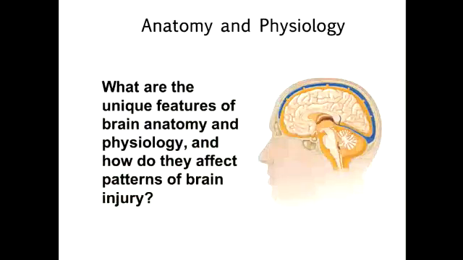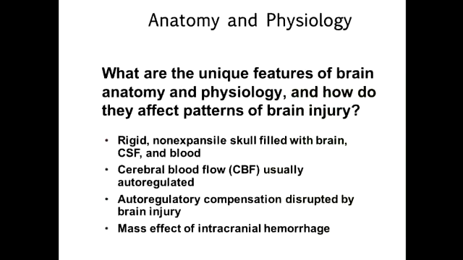So what are the unique features of brain anatomy and physiology that affect patterns of brain injury? Well, the brain is encased with a rigid, non-expansile, bony skull. And that cavity is filled with brain tissue, cerebrospinal fluid, and blood contained within both the arteries and the veins of the space.